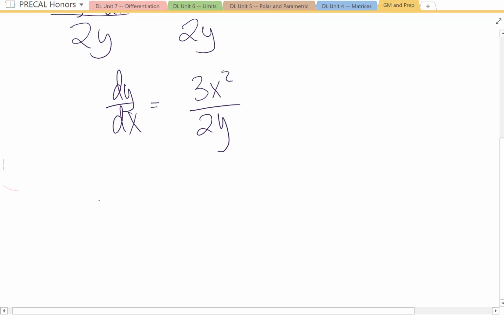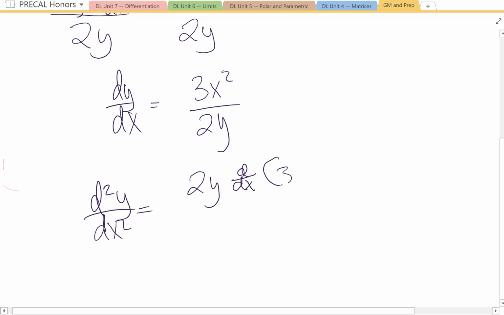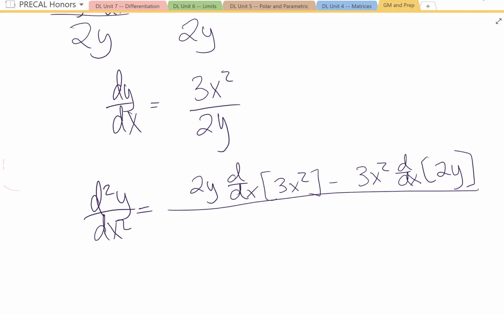Let's derive again. Find the second derivative. This is going to use the quotient rule, so low d high minus high d low, over low squared we go.